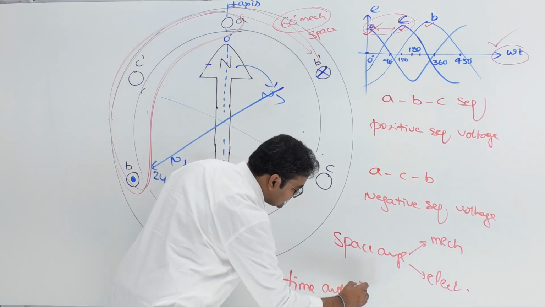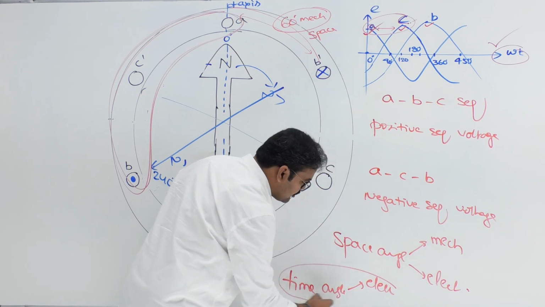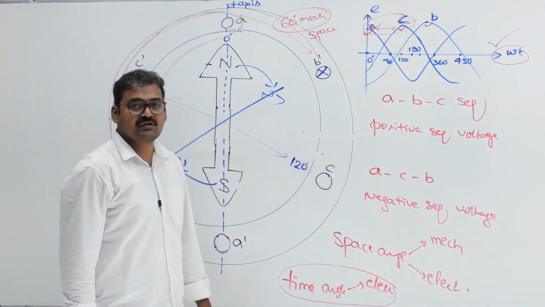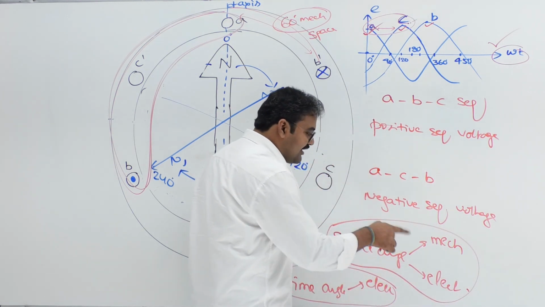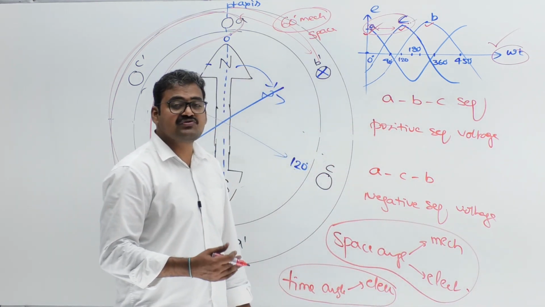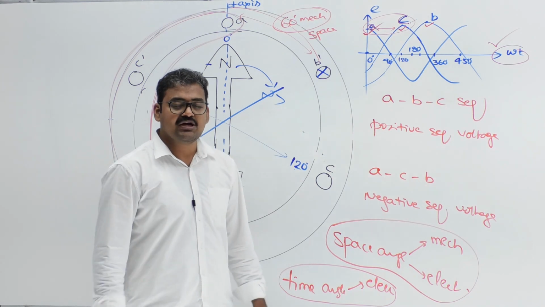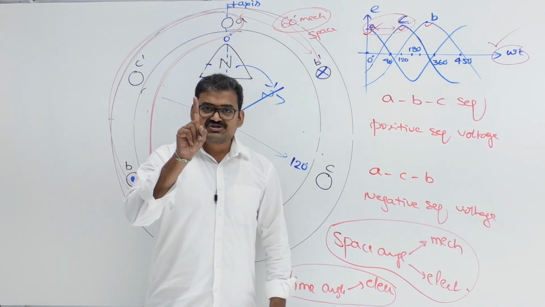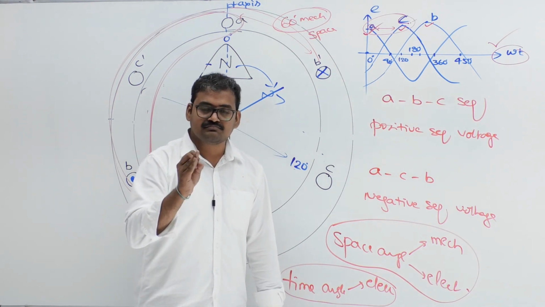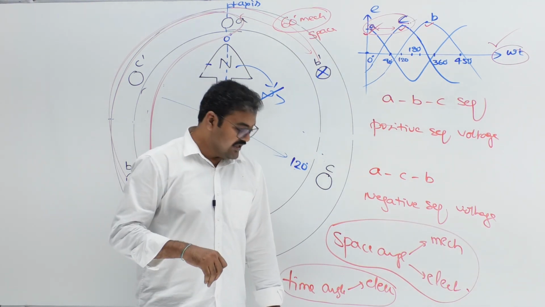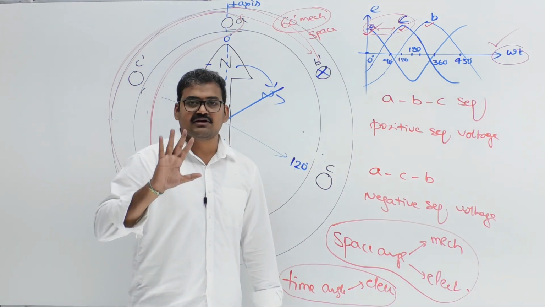There is no mechanical time angle. But space angle can be either mechanical or electrical, but in mathematical equations we must always use electrical. Okay, so two important points. Space angle can be either mechanical or electrical, but we must always use electrical. Time angle is always electrical only.